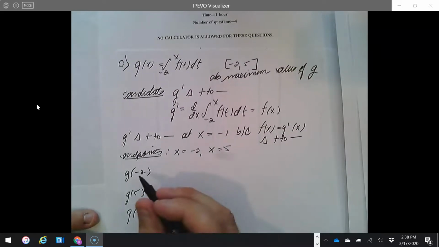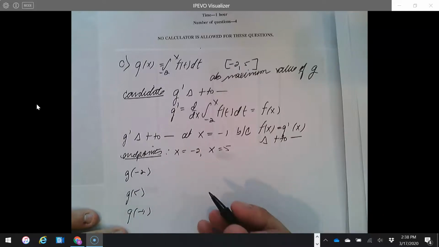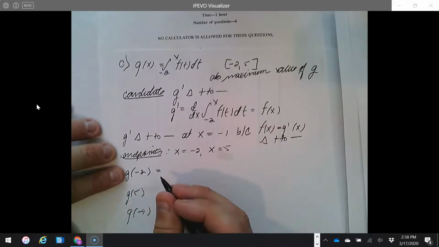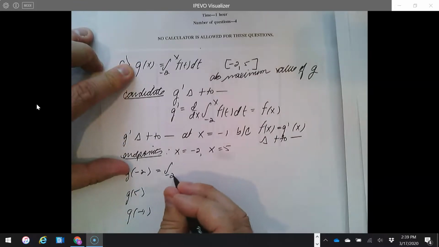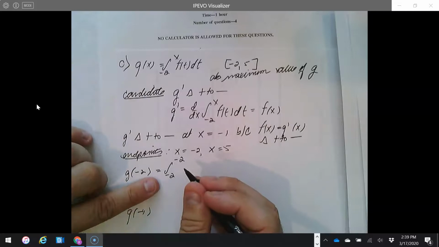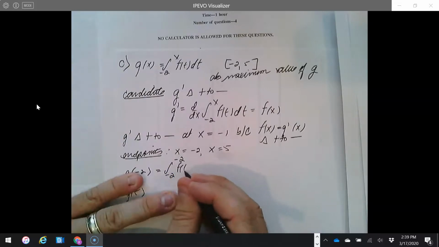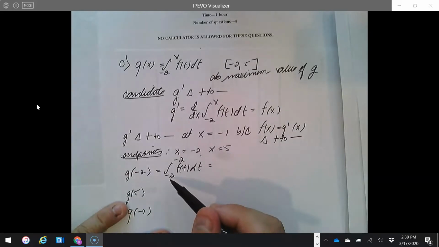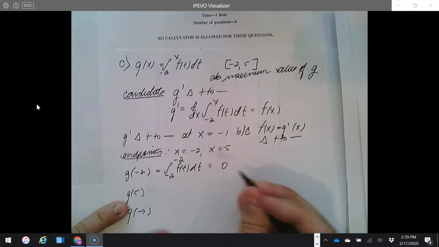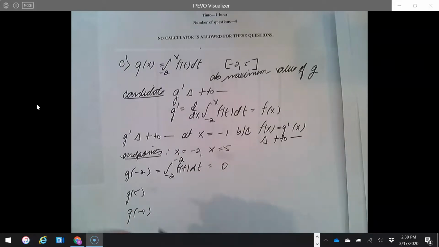We're going to be looking to see which of these three values is the greatest. Well, g of -2 means go to my function, and I'm going to evaluate that integral from -2 to -2 of f of t dt. Well, the integral from -2 up to -2 has to be 0.